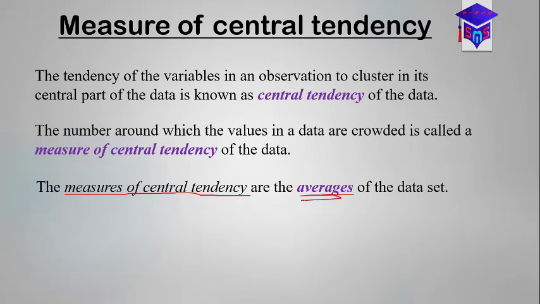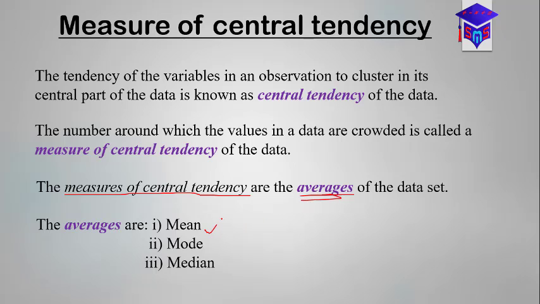We need to know that the averages are the mean, the mode, and the median. So we have three averages: the mean, the mode, and then the median, because they give us an idea about the central location of a data set. So these are the averages.